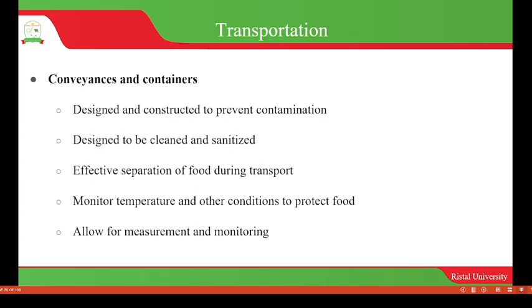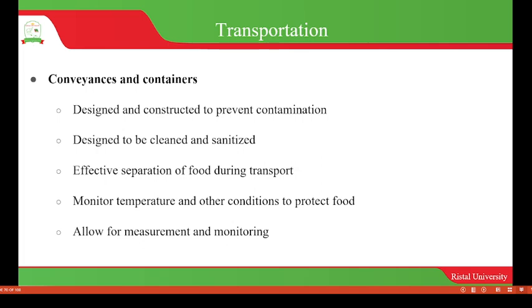Then the next area which is being covered by the good manufacturing practices is transportation. And we know in transportation we use conveyors and containers. These conveyors and containers should be designed and constructed to prevent contamination.